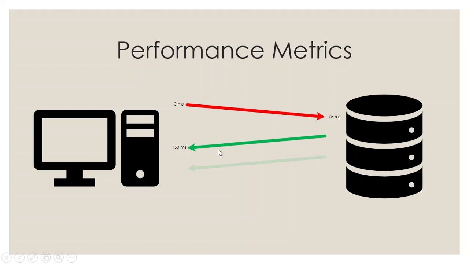But if there is one more packet taking 40 more milliseconds, then the load time would be 190 milliseconds. So load time can vary. It doesn't have to be the same as latency, it can be higher. The time taken by the whole request to complete is the load time. Suppose there are 3 packets, so it would be 250 milliseconds. In 250 milliseconds the whole request is completed.